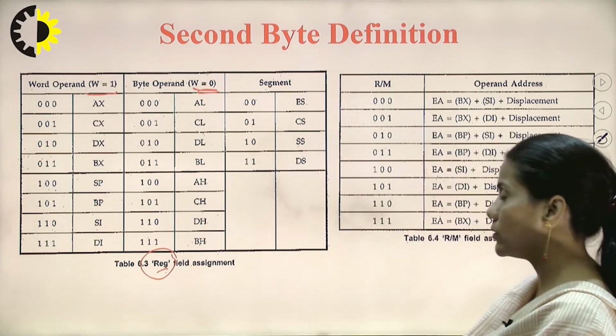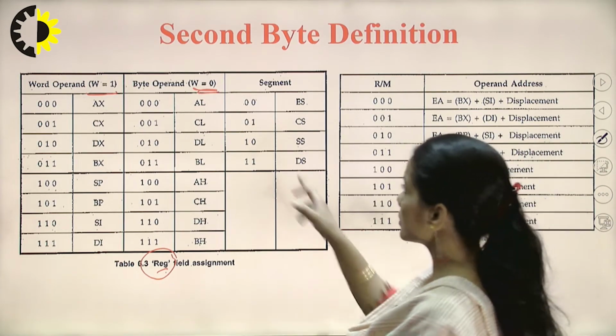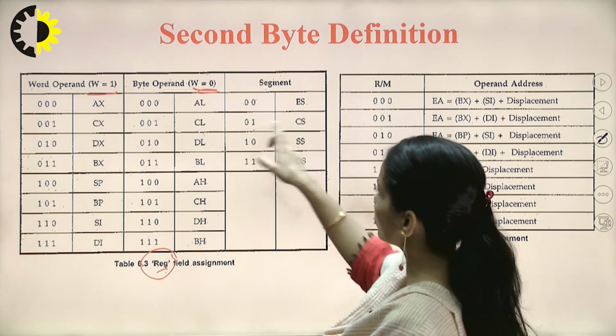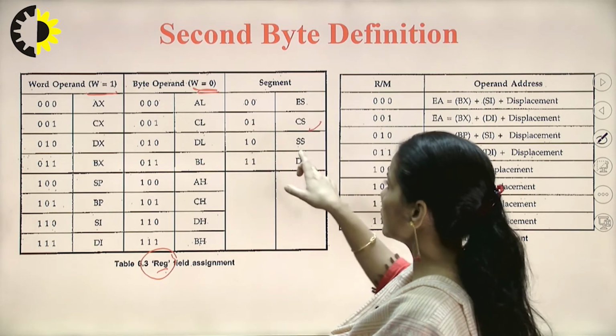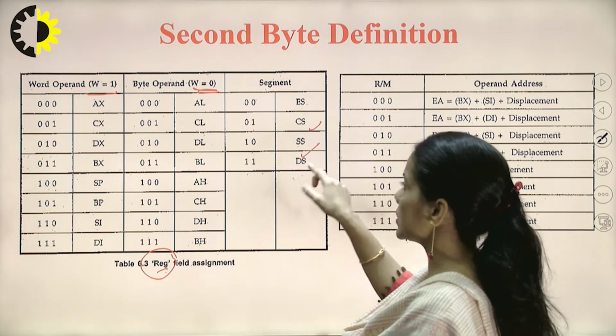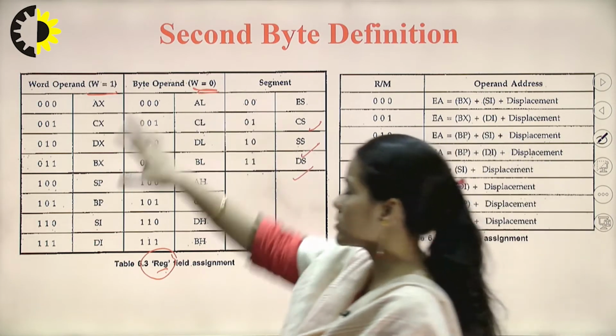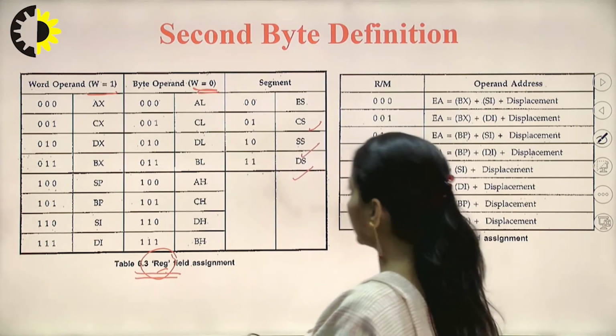And when we are talking about the segment registers, then 0 0 represents extra segment, 0 1 represents code segment, 1 0 represents stack segment, and 1 1 represents data segment. So all these definitions are for the register field, that is this field.